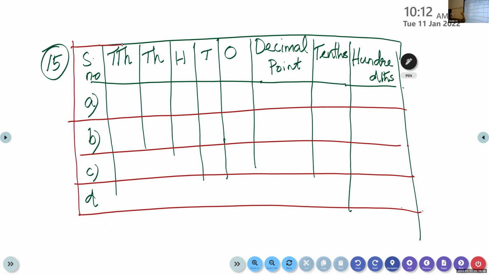The first place here is 10,000. Then we have 1,000, 100, tens, ones, decimal point. After the decimal point, we have tens place, hundreds place. Draw neatly. Okay, children, draw by the time I take your attendance.